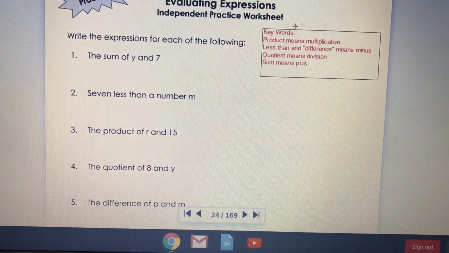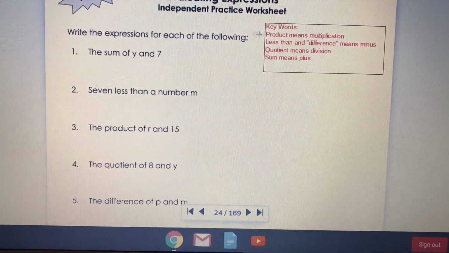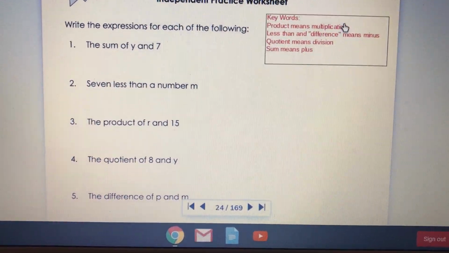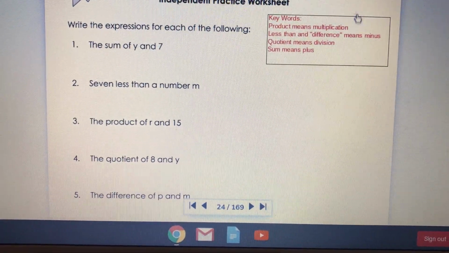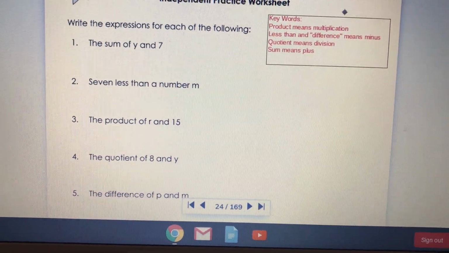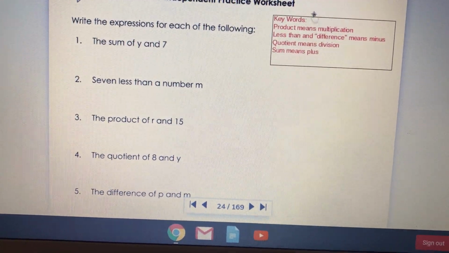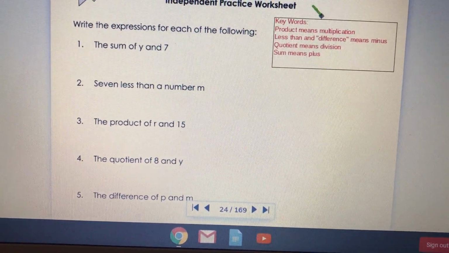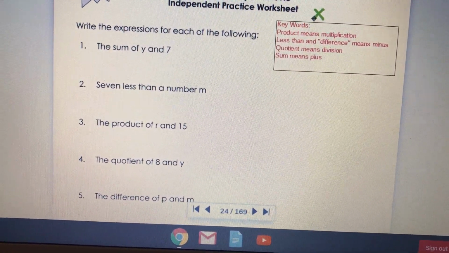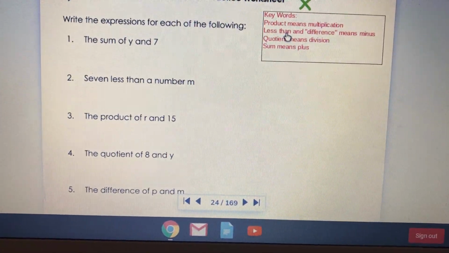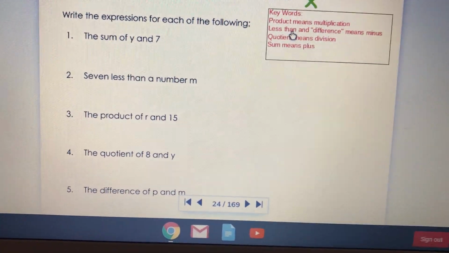So on the right side, I made a little box that says keywords. We know that product means multiplication. I can't draw on this, but let's see if I can. So we got product, which is multiplication. Less than, you might hear more than a couple of words that mean the same thing.